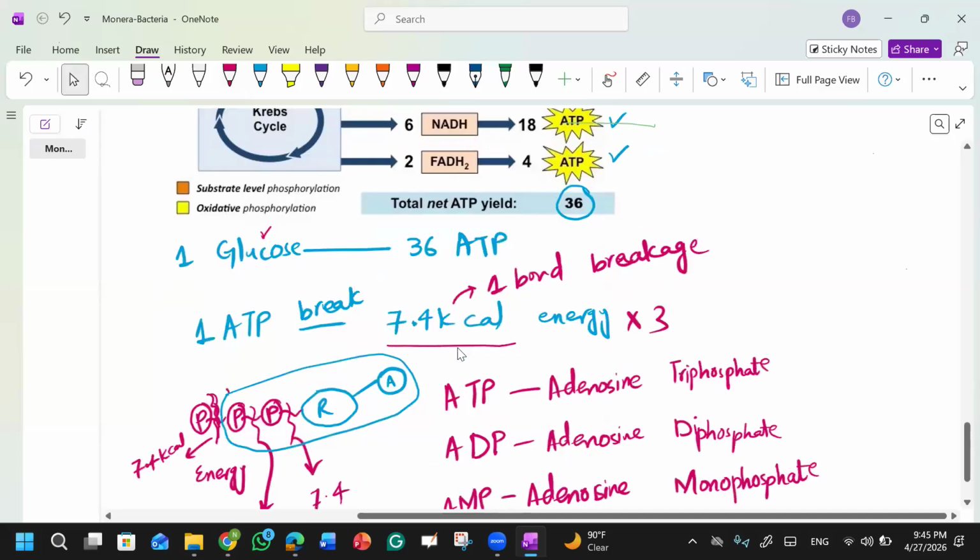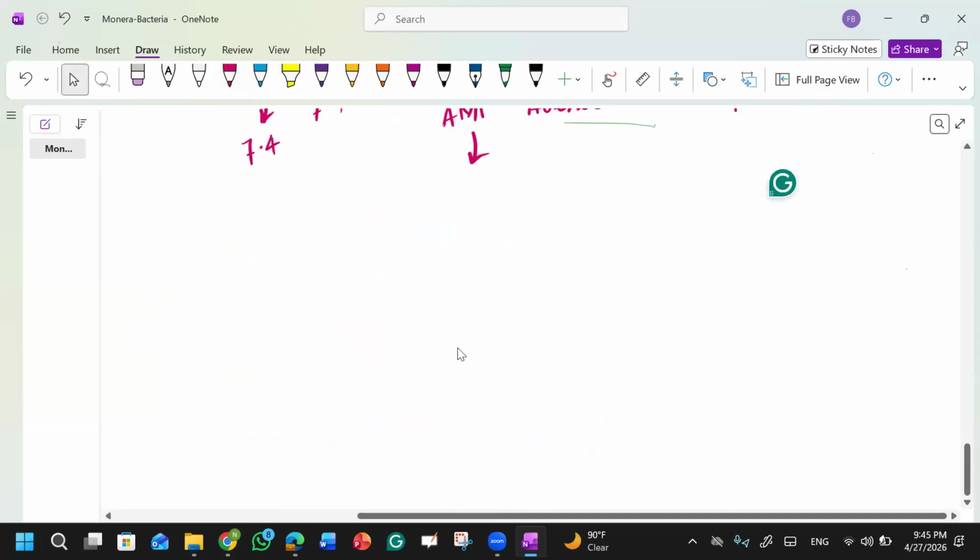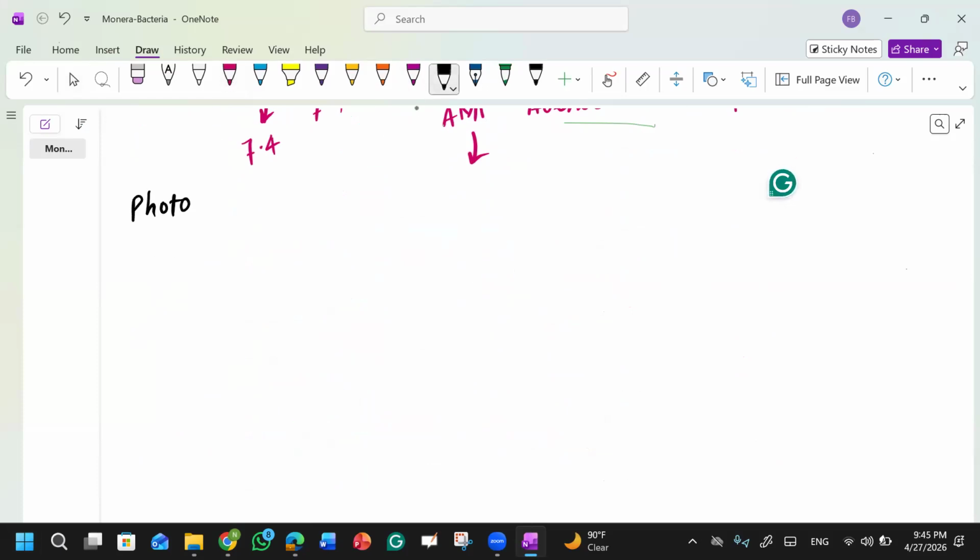When we talk about photosynthesis, basically in photosynthesis, the plants, you don't give them the food. They make their own food. Plants are autotrophs.